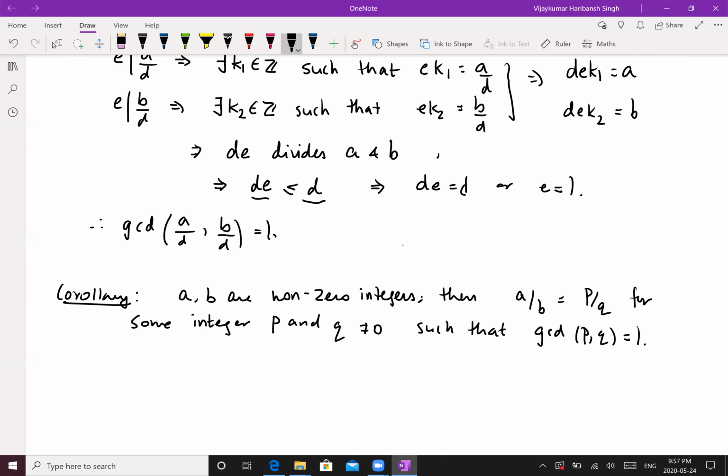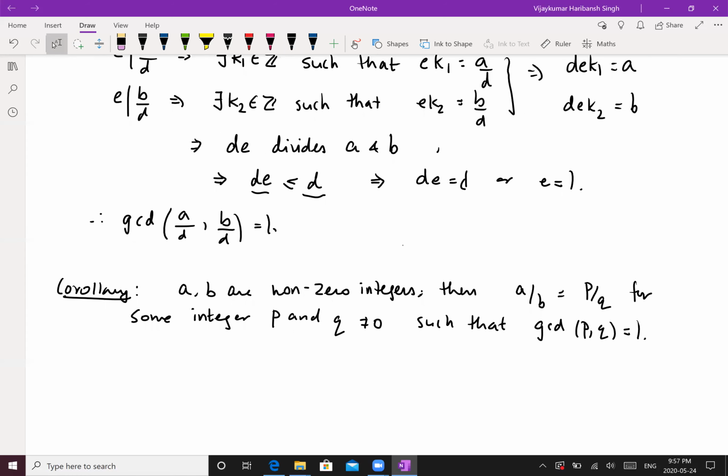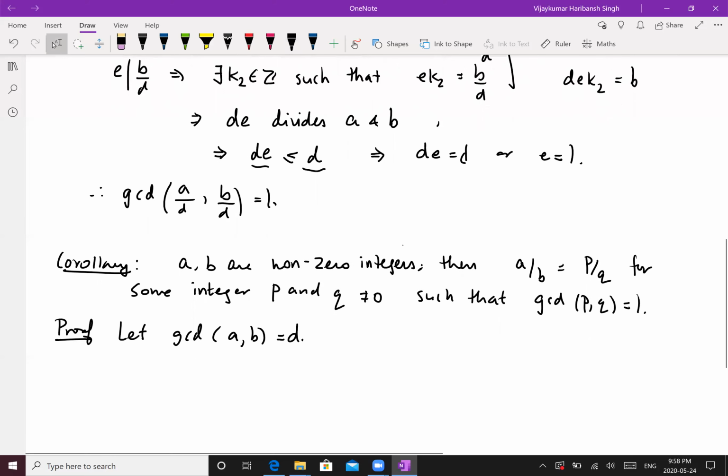Again, this is a corollary to the previous theorem. Proof: let GCD of A and B be D. This means A by D and B by D are relatively prime.